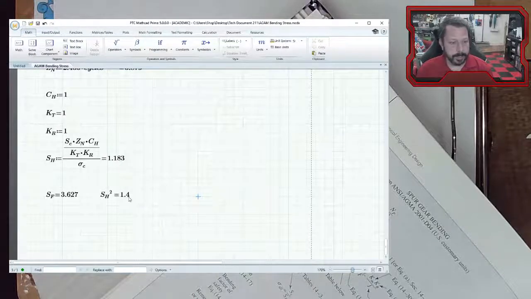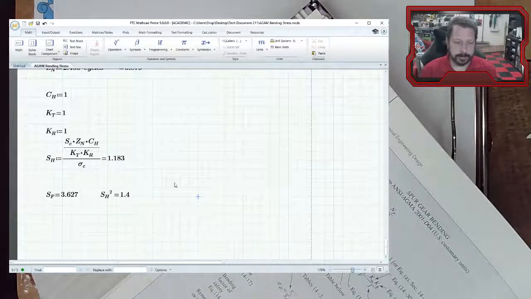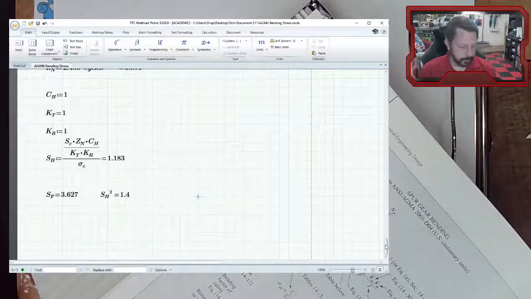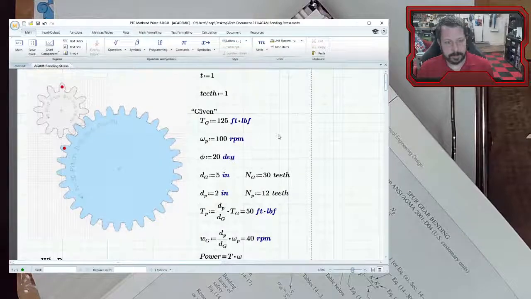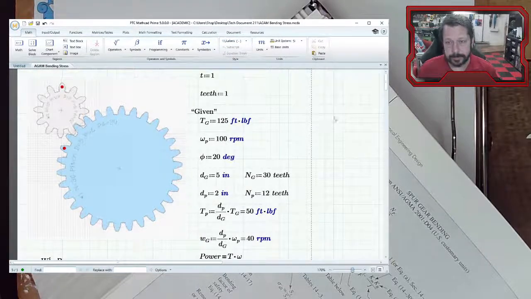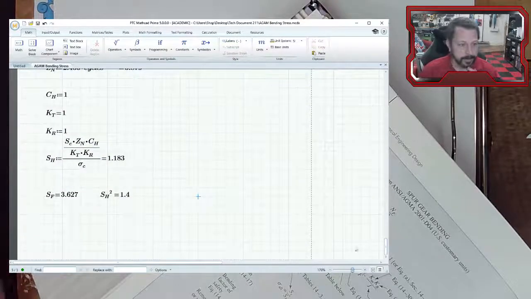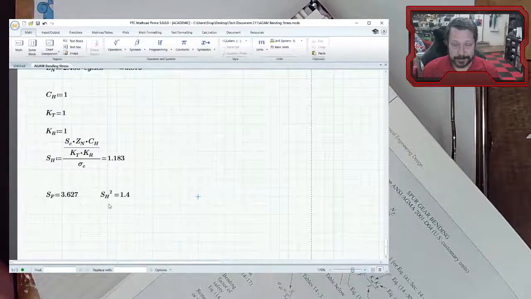They're both above 1 for 99% reliability, 10 to the 8 cycles, and this load that we're trying to deliver at 100 RPM on the pinion. I don't remember the torque that we're delivering. The gear has 125 foot-pounds on it, and the pinion was spinning at 100 RPM. So that power scenario. And it does look like the contact stress would be the most likely to fail.